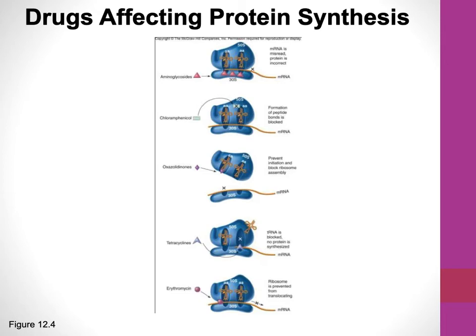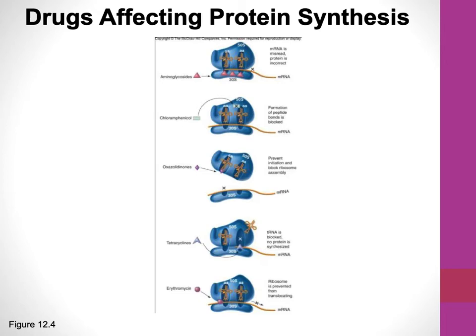So all these steps are happening, and the different classes of antibiotics would affect different components of that. A common antibiotic would be tetracycline, second from the bottom. It's actually going to inhibit the transfer RNA from coming into its site, so it blocks it and can't come in, which means you can't get the amino acid added, okay?